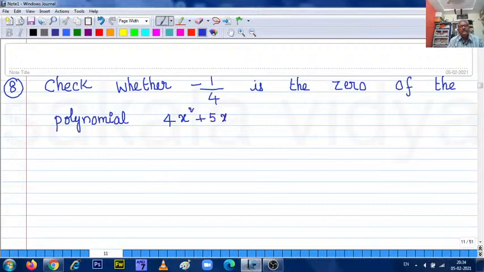This is the question. This is also a very important question. Check whether negative 1 by 4 is the 0 of the polynomial 4x square plus 5x plus 1.